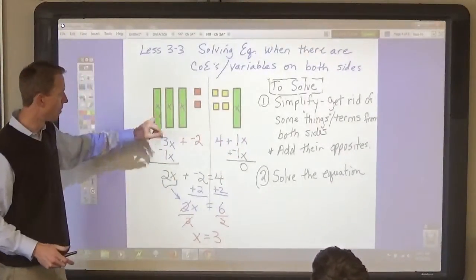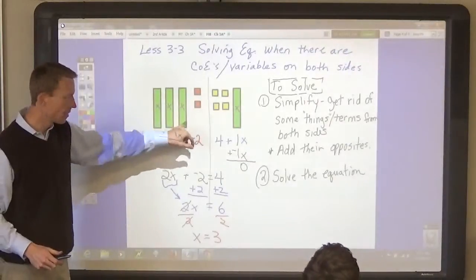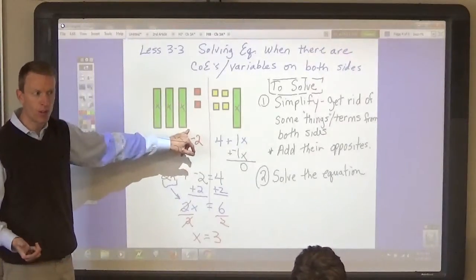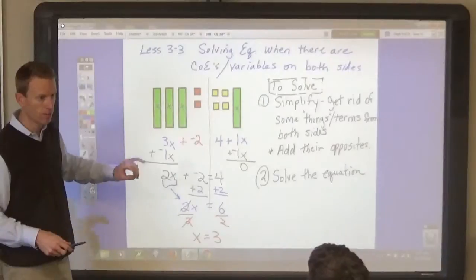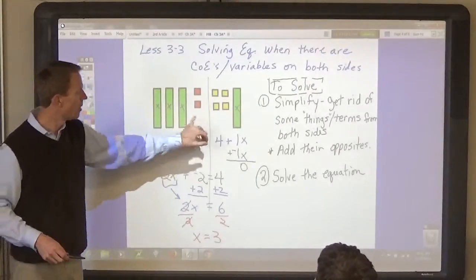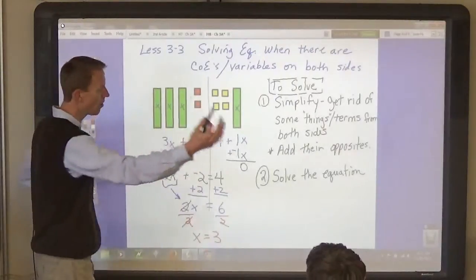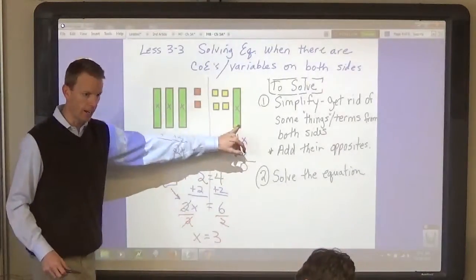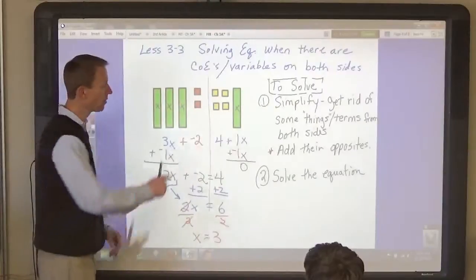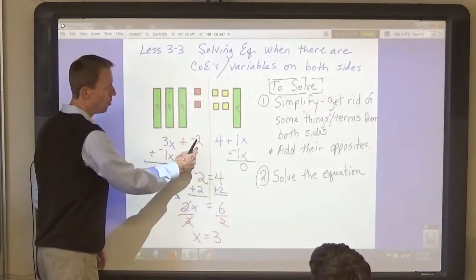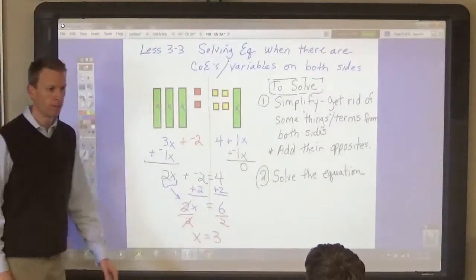Take a look at this model. These represent x's. They're numbers that we don't know how much they are. So they're variables. We have 3 x's on this side, and then on the other side, we have an x. And then there's some numbers with them, -2 and 4.